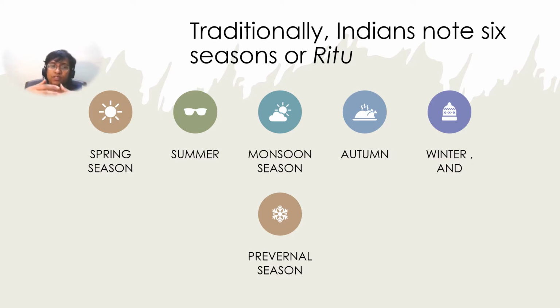The arrangement of seasons is as follows: spring season or Vasanta, summer season or Grishma Rutu, monsoon season or Varsha Rutu, autumn Sharad, winter Hemanta Rutu, and the prevernal season or Shishira Rutu.